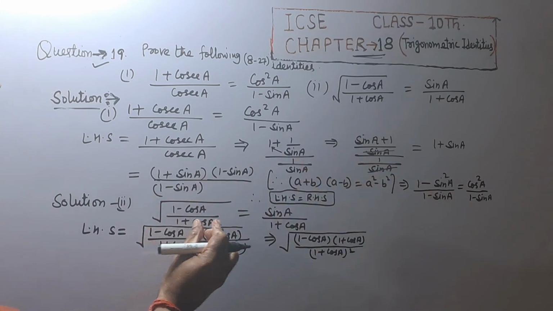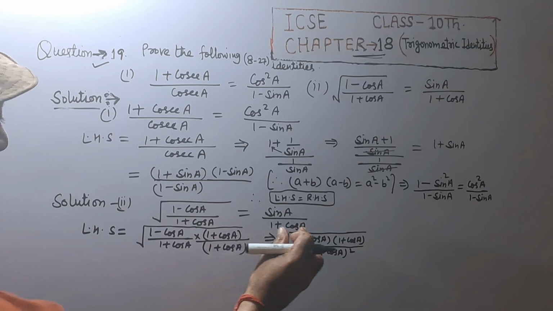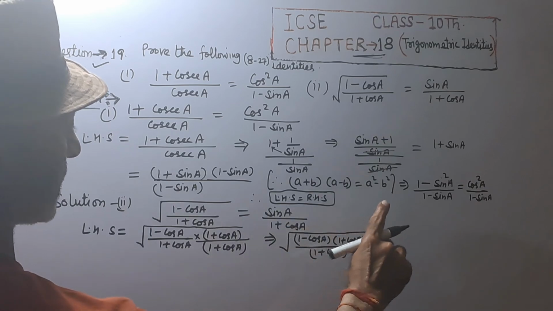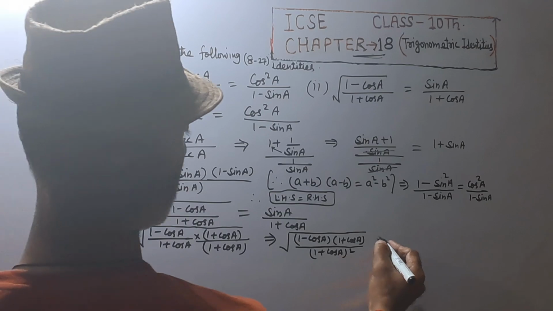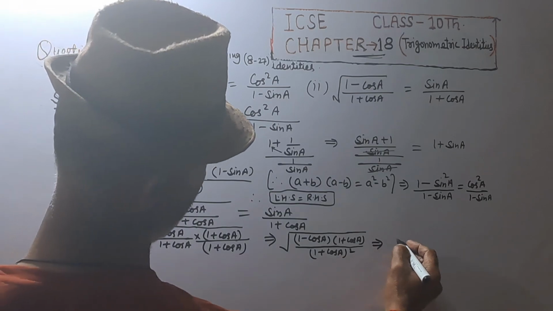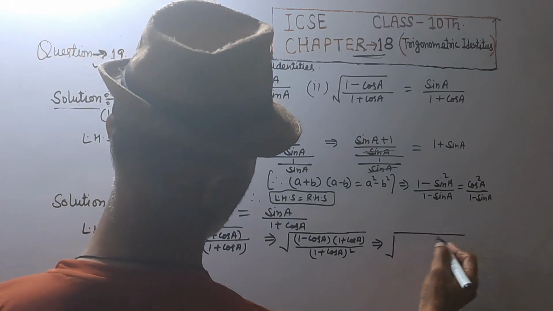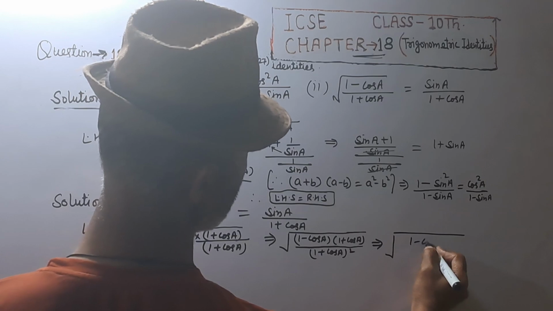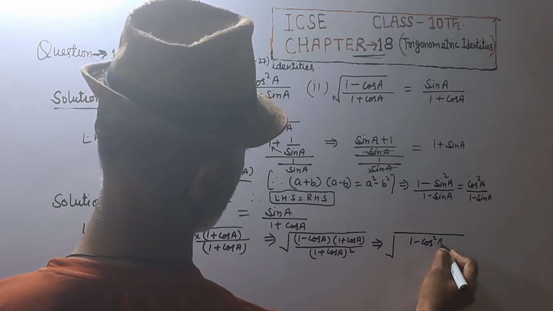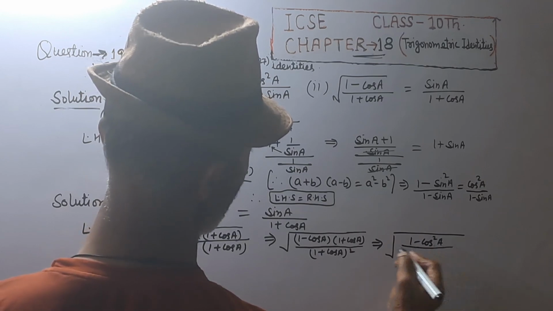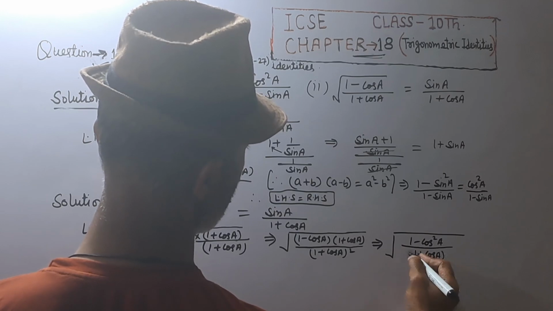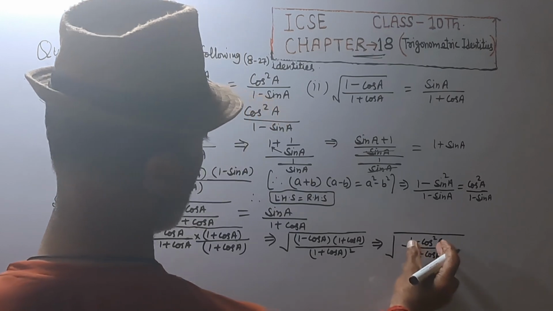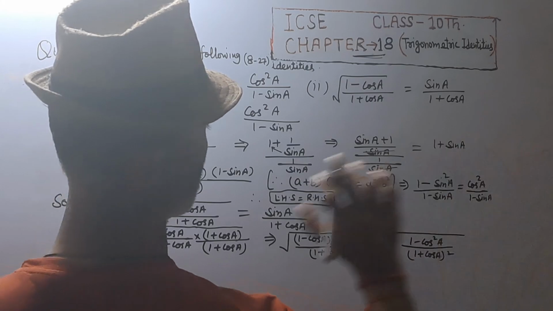And A minus B into A plus B is equal to A square minus B square. Same formula, which implies 1 minus cos square A upon 1 plus cos A raised to power 2. 1 minus cos square A is equal to sin square A.